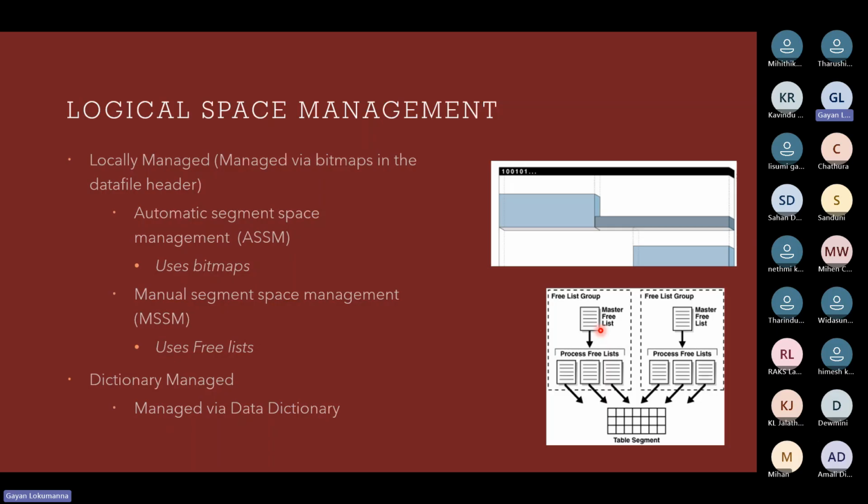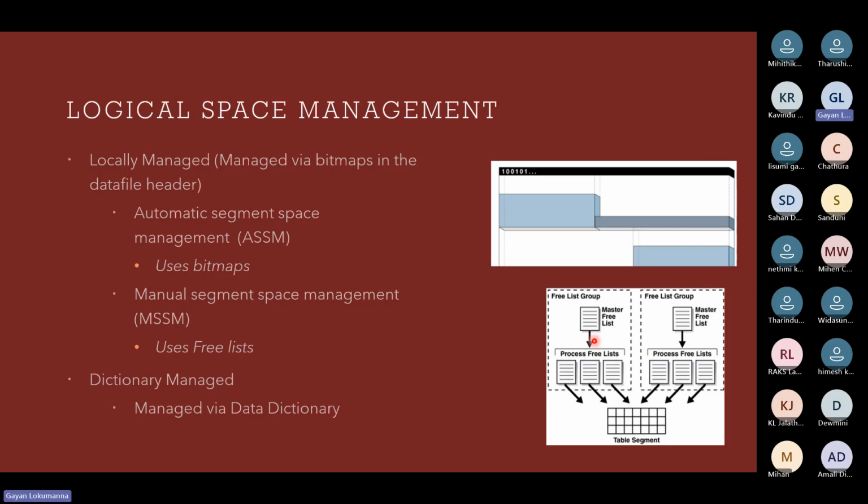Now the available capacity is, let's say, 65%, which is below the PCT used parameter. When that happens, that block will again be monitored by the free list because now it is again entitled for new inserts.